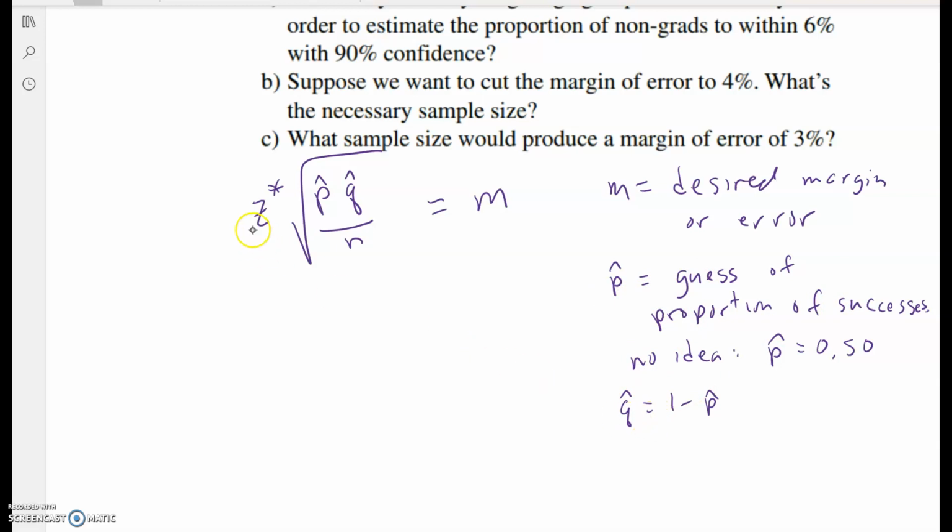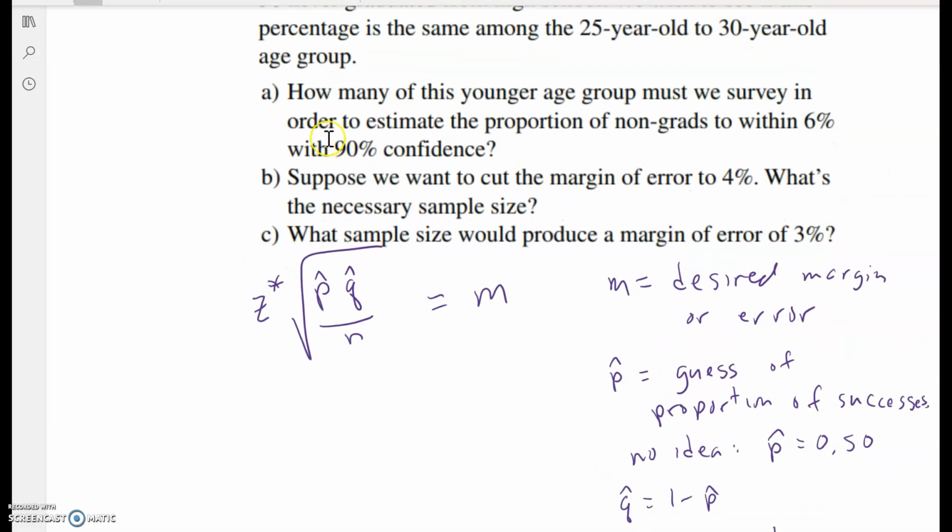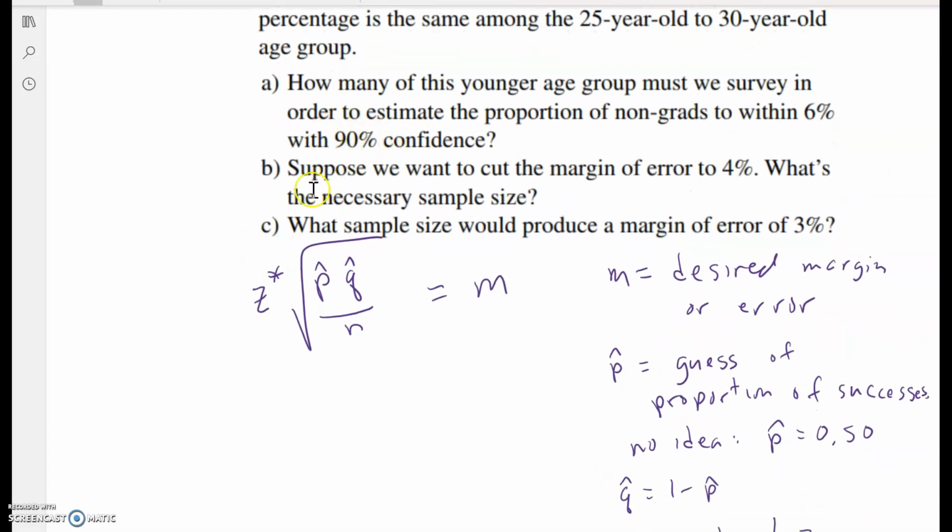And then z star is your critical z, which depends on your desired confidence level. Usually on these questions, it'll tell you, for example, on part A, it says 90% confidence.